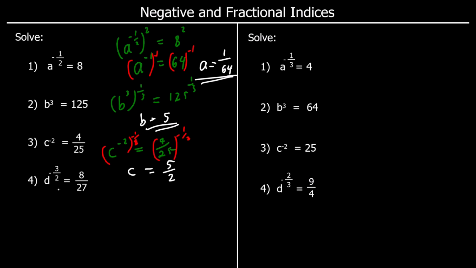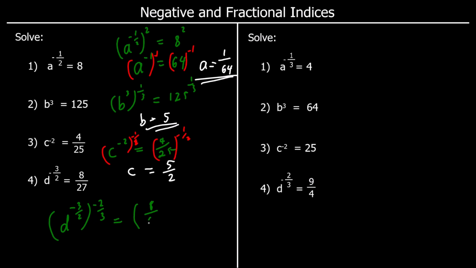And question 4, we need to do the opposite of minus 3/2. So how can we undo that? We can undo it by raising both sides to the power of minus 2/3. So we'll just get d to the power of 1, which is what we want.